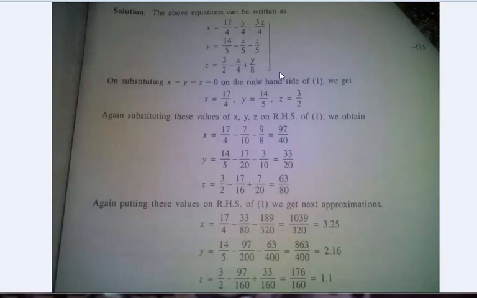When we put 3 over 2 in this fraction, we get 9 over 8. So again we get x is equal to 97 over 40, and y is equal to this and z is equal to this. We put these values in again to get another x, y and z.